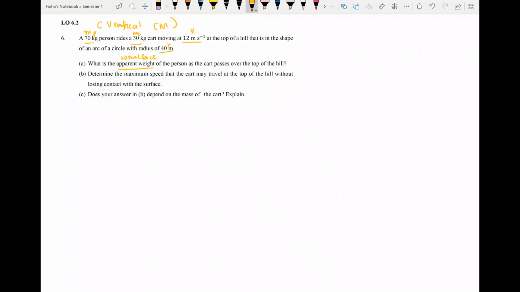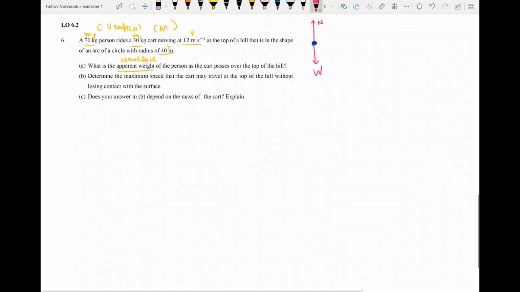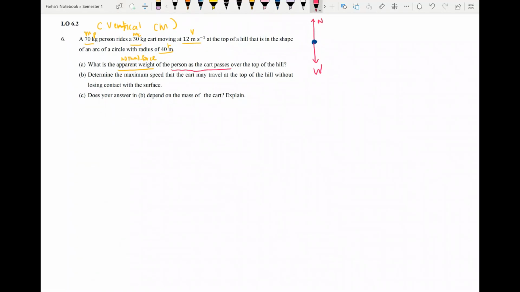Okay. So, kalau kita lukiskan free body diagram, ini yang berlaku. Okay, kita ada objek. Kemudian kita akan ada normal force yang bertindak ke atas dan kita akan ada weight. Sekarang dia nak cari apparent weight of the person as the cart passes over the top of the hill. Jadi kalau kita nampak sekarang hanya paksi Y saja yang involved.